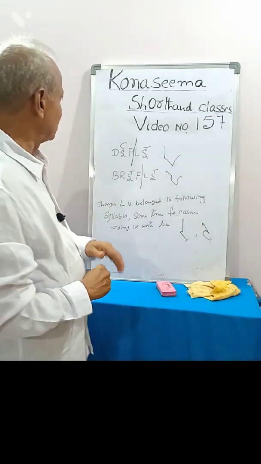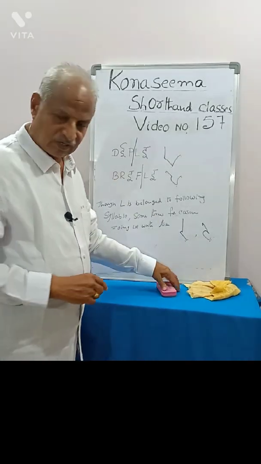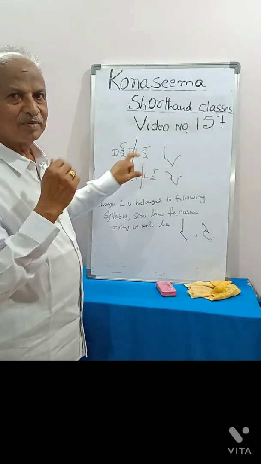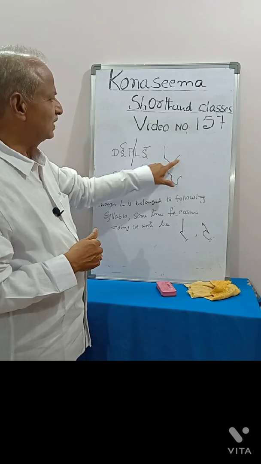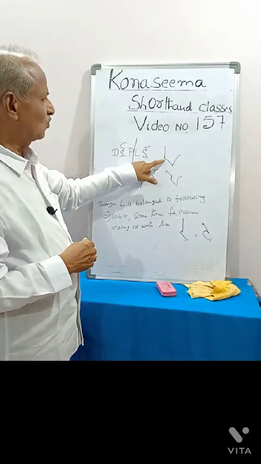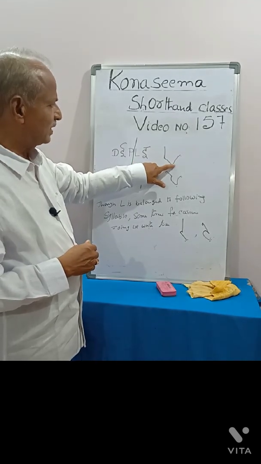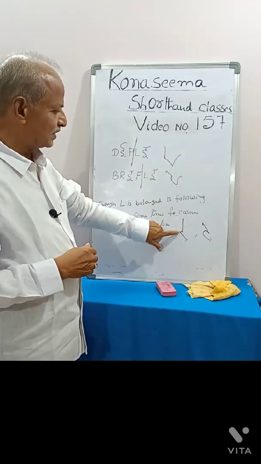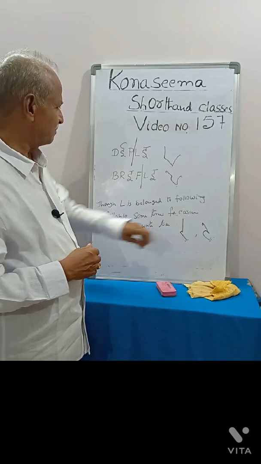You see here, actually deep is one syllable and li is a second syllable. So we have to write deeply like this. But for convenience, this PL instead of P and L is written with the hooked form of pal, deeply.